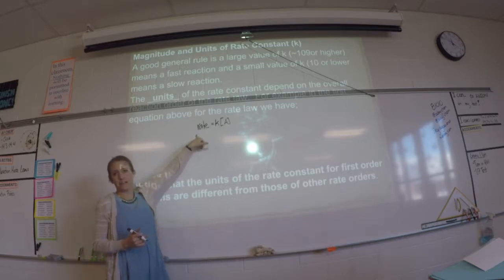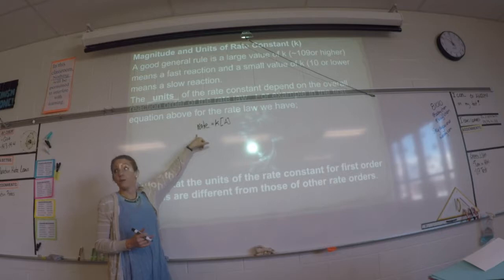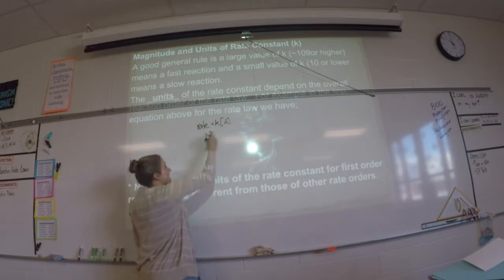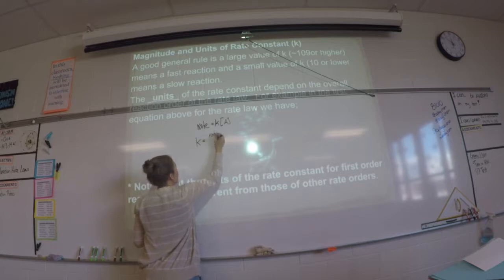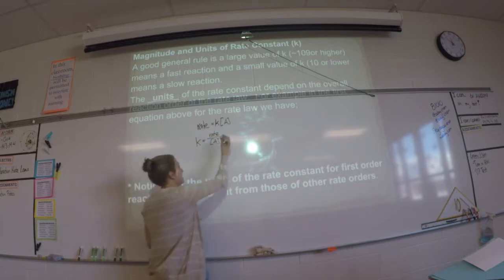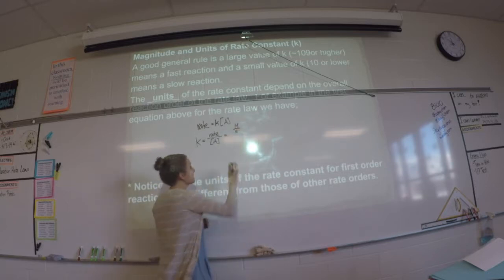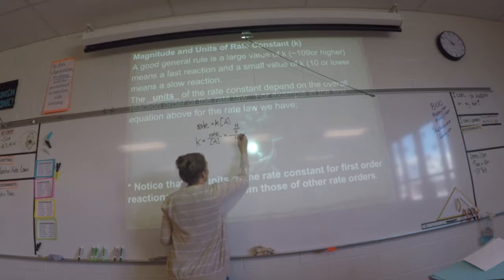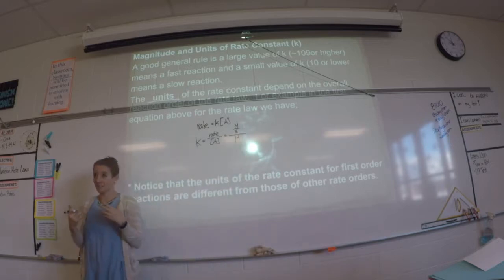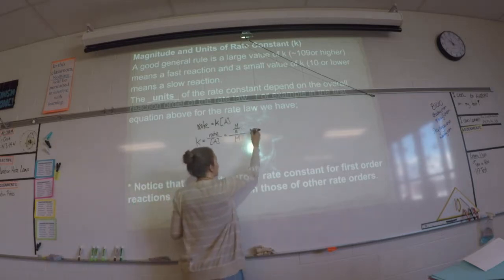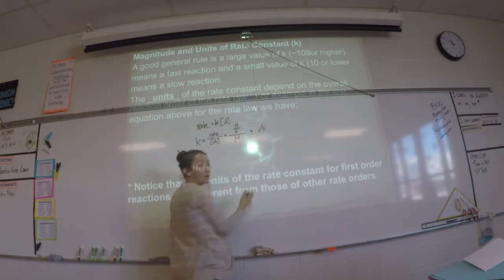And rate is always measured in molarity per second. So if I isolate K by itself, we take the rate divided by the concentration of A, which is molarity per second over molarity, so my unit for a first order reaction is just per second.